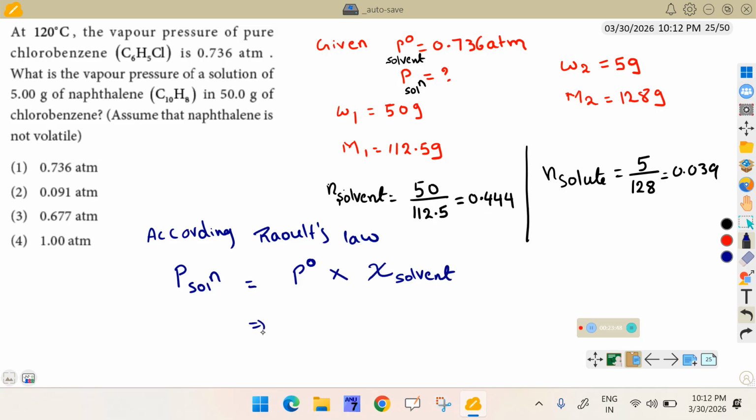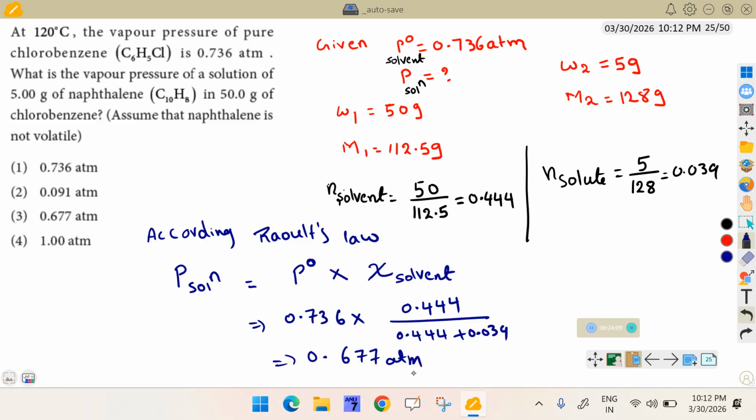Simplify. 0.736 into mole fraction of solvent, number of moles of solvent by number of moles of solvent plus number of moles of solute. Simplify, then you will get 0.677 atmosphere. Third option is correct.